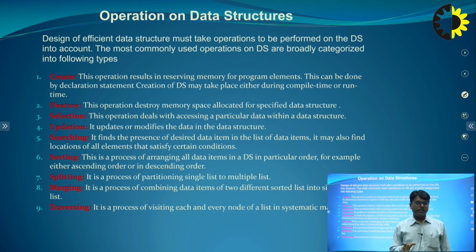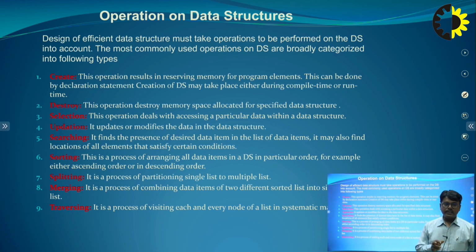Traversing is also a very important operation for a data structure, where we simply move and visit a particular location in order to check whether that particular node carries that data or not. So this process is called traversing. It is a process of visiting each and every node of a list in a systematic manner.